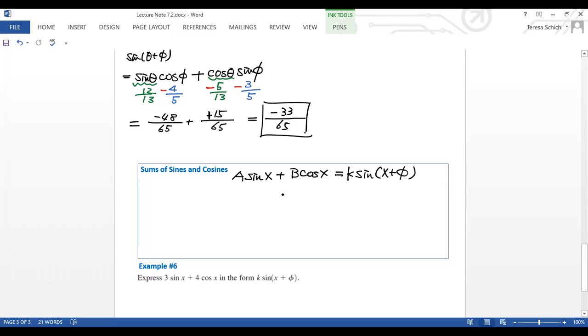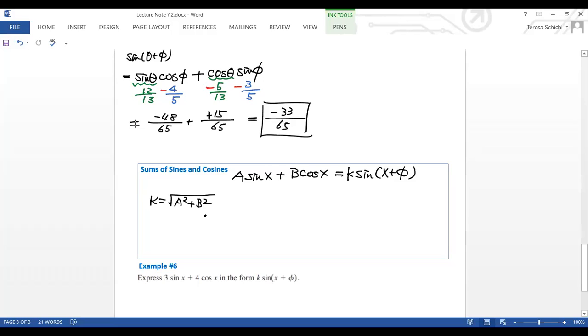If you just have a sine plus cosine, you can expand that to k sine of x plus phi. What is the value? k is equal to the square root of a squared plus b squared.